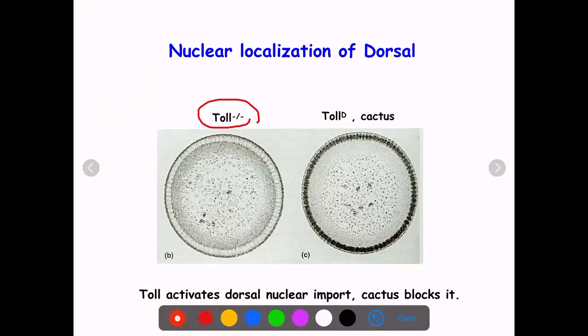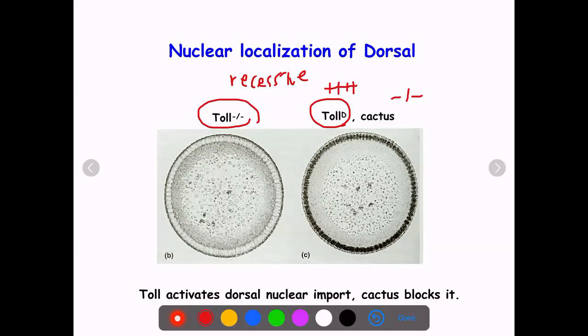So when Toll is minus, which is recessive, then they are dorsalized. And then Toll dominant: Toll is the receptor, and somehow they are hyperactive. Or cactus is minus, okay? When cactus is gone, I would say this is like a plus, and then they are ventralized. So Toll activates the dorsal nuclear import, and cactus is blocking it.